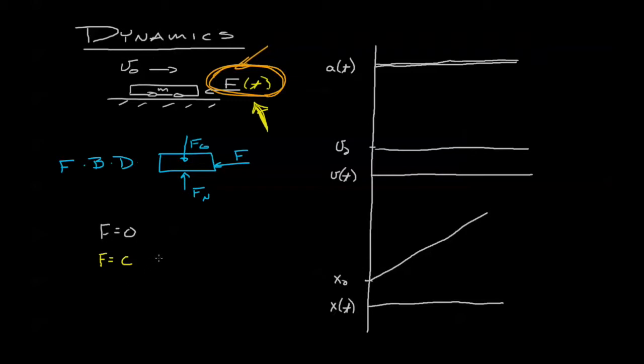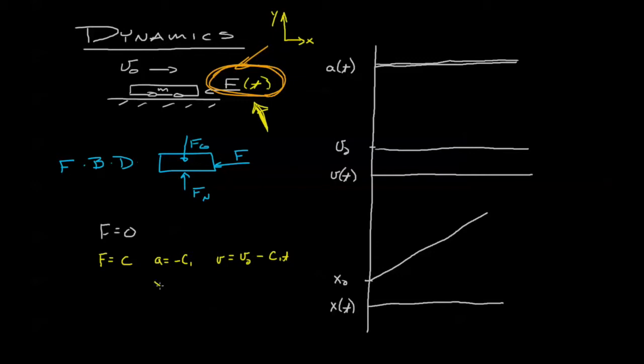That said, when the force is a constant, we know the acceleration is some negative constant. We'll say negative c1, and we'd expect it to be negative because, as a reminder, let's draw our coordinate frame. The acceleration is always going to be going in the negative direction. The velocity is going to be the initial velocity minus some constant times time.